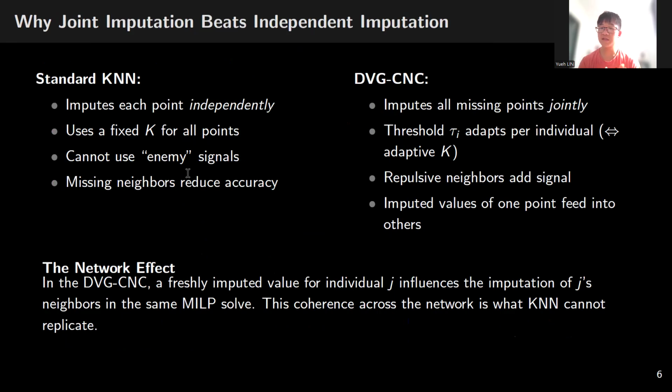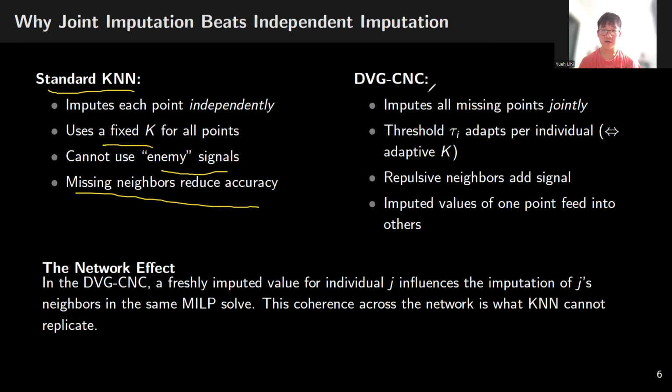So the conceptual reason for the gain is the network effect. Look at the left column here. When we have standard KNN, we impute each data point independently. We use a fixed K. We cannot use enemy signals, and missing neighbors reduce accuracy.